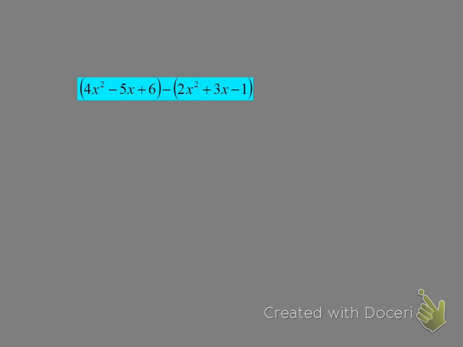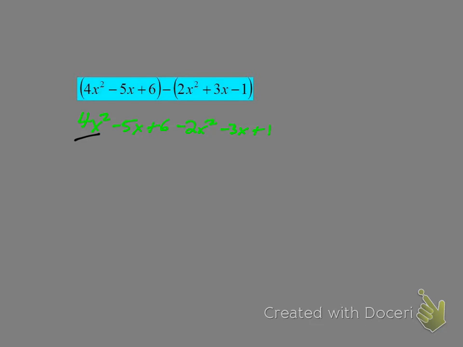Now what do we got to do? Is this the same as what we did? This is not. You distribute the negative. Distribute your negative sign. But then you do not combine yet, because you have a minus in the middle. 4x squared minus 5x plus 6, minus 3x plus 1.